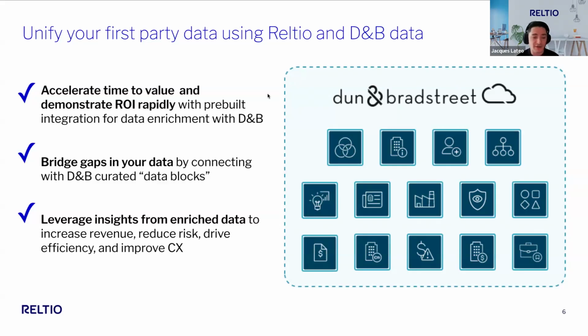Sales could better align territories with opportunity areas. And sales can also find that white space across customer hierarchies to uncover more cross-sell and upsell opportunities by leveraging that corporate linkage or relationship information.